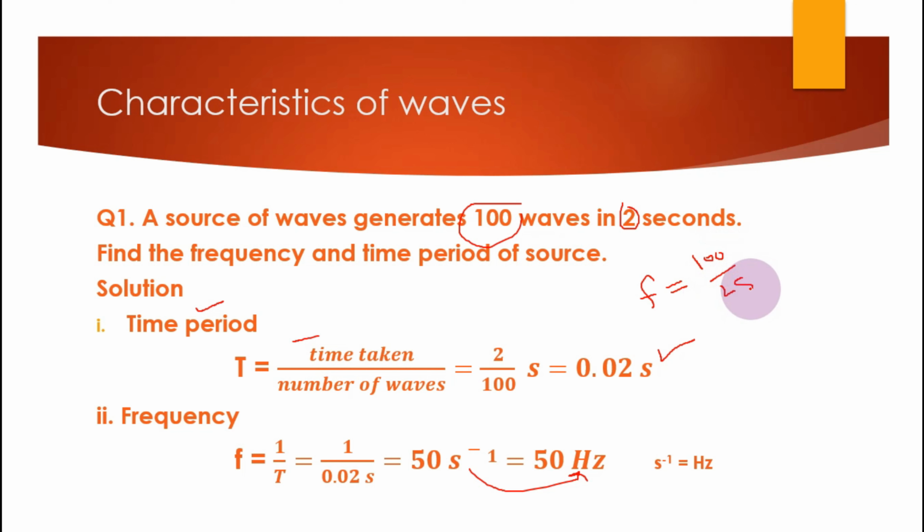And 100 over 2 gives you 50, and when second moves up, it becomes second inverse, which is known as Hertz in the International System. So still the answer is 50 Hertz. The purpose of this question was to show how to find time period and frequency.